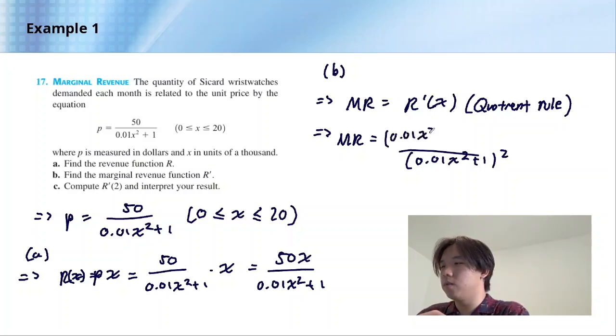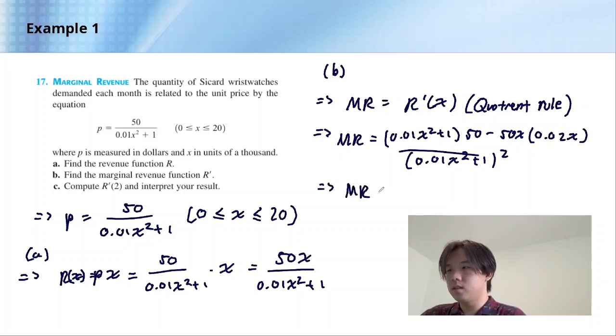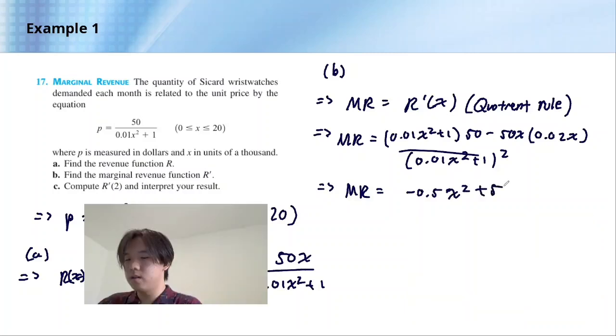The differentiation of 50x is 50, minus 50x times the differentiation of the denominator, which is 0.02x, and this results in the marginal revenue as negative 0.5x squared plus 50 over 0.01x squared plus 1, squared.